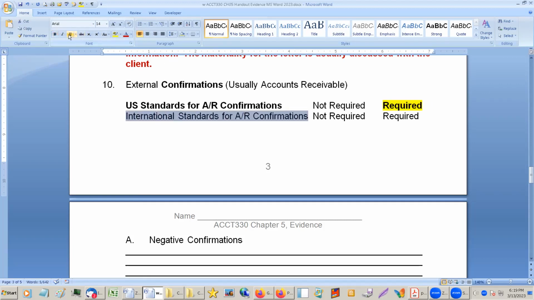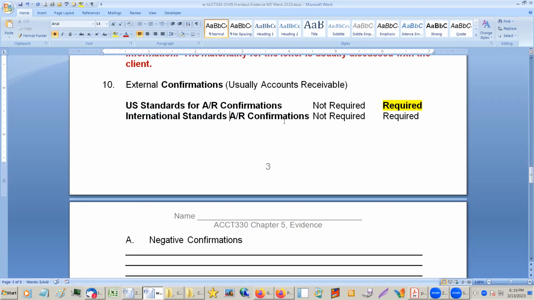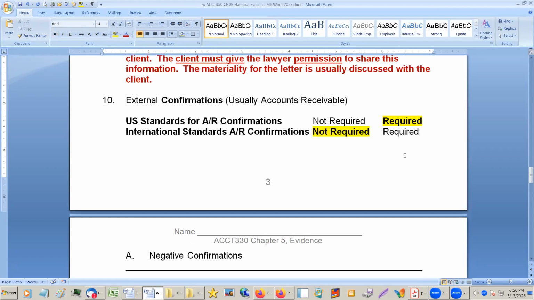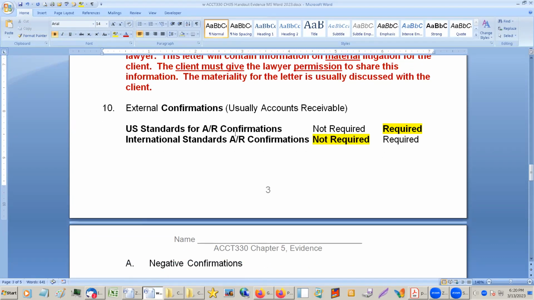International confirmations: not required. So the US requires them, international standards do not. And the US standards are required unless there's a really good reason why not.